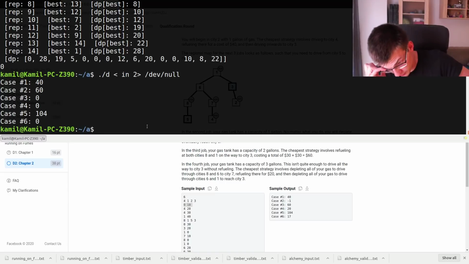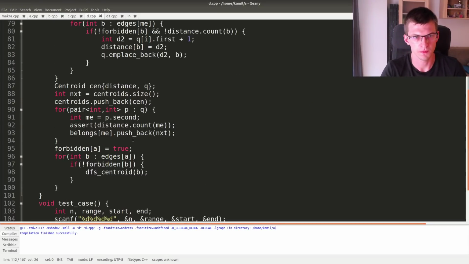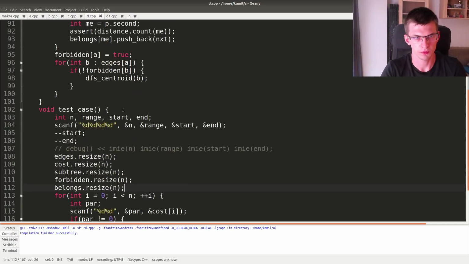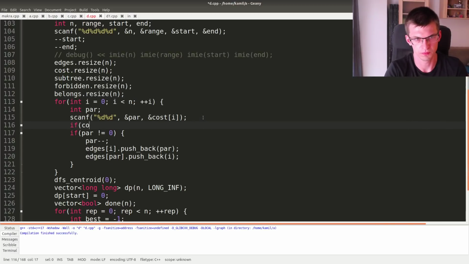Not entirely correct. Where's the part about cost being equal to 0? Cost is actually long.